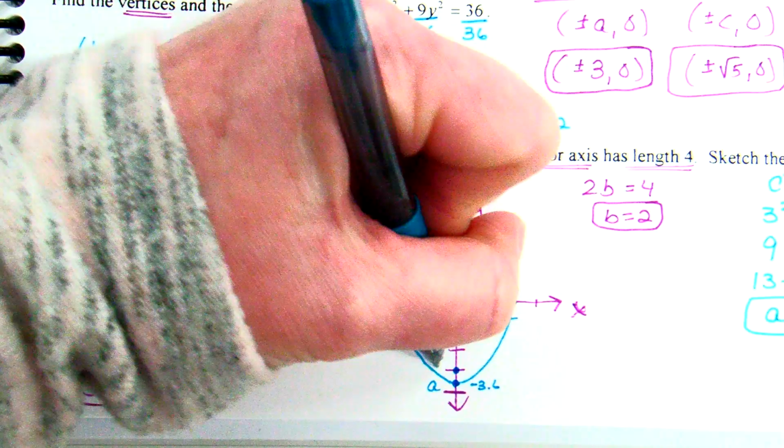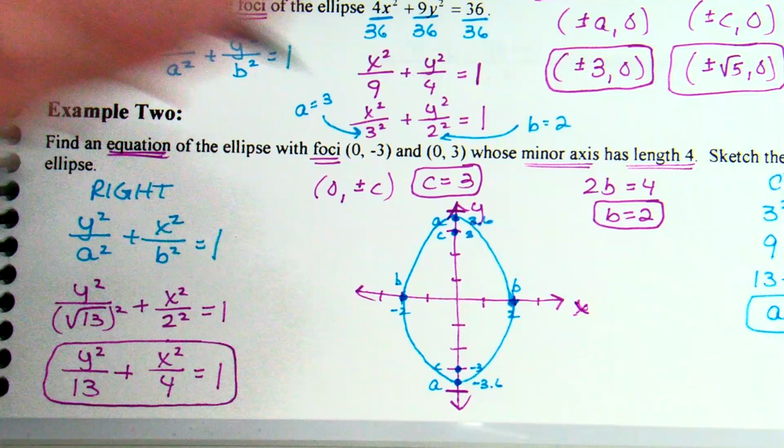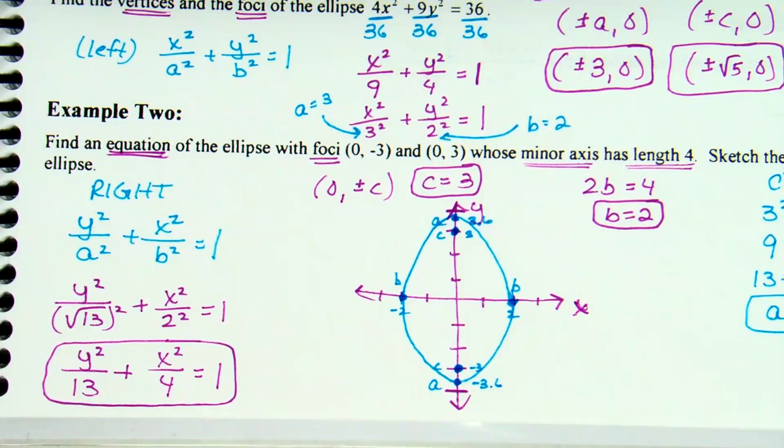And so those foci are always inside the vertices. The ellipse does not go through them or anything. They are just points on that major axis. Okay, questions on that page?